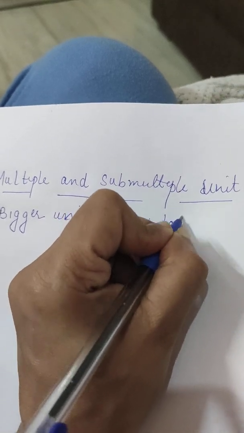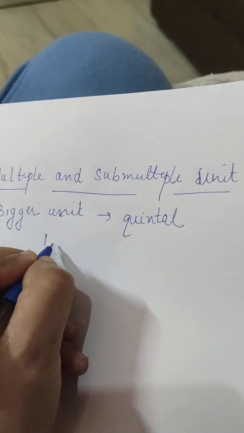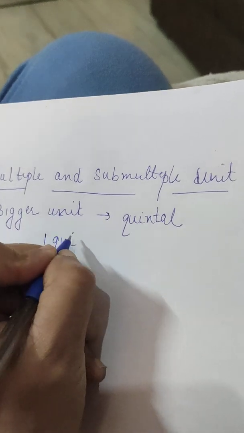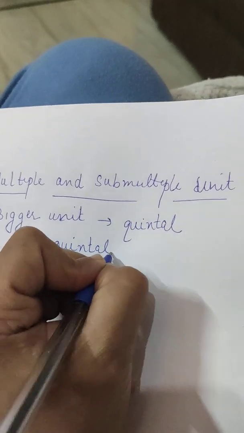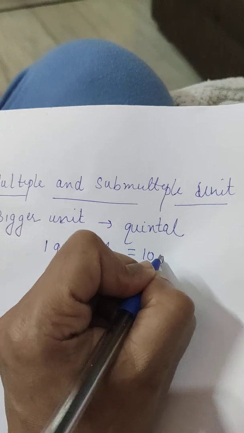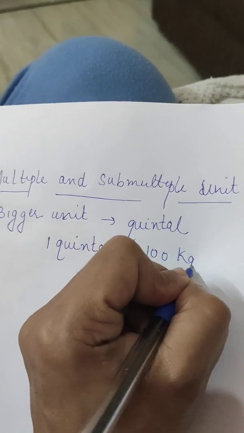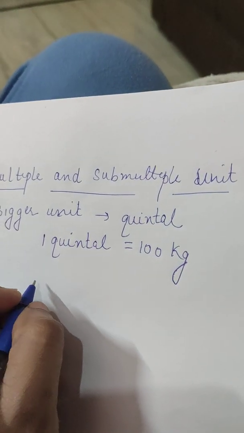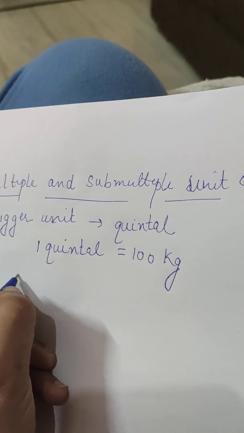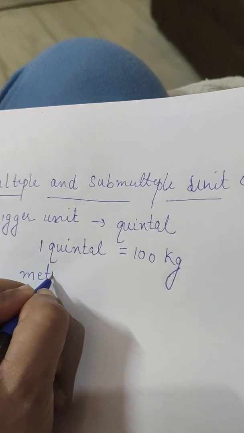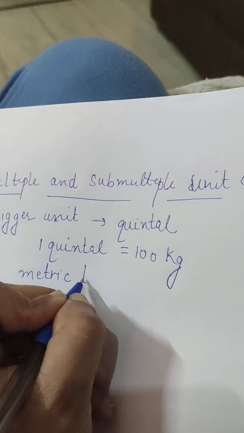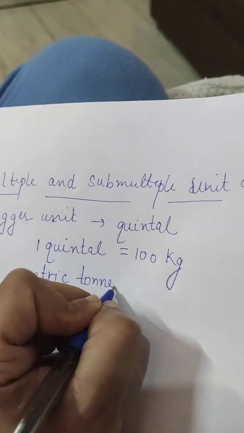The bigger unit is quintal. So 1 quintal is equal to 100 kilogram. Another bigger unit we have is the metric ton.